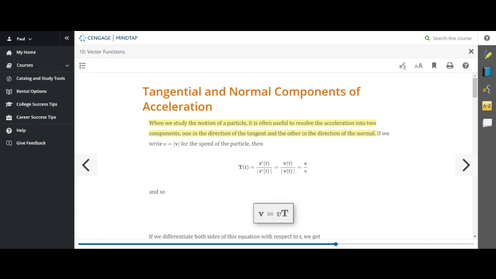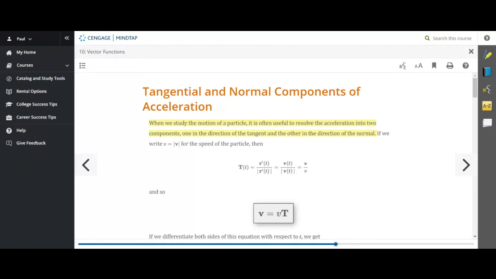Now, if we want to get the acceleration vector, we take the derivative of the velocity vector. That means taking the derivative of the speed function times the unit tangent vector on the right. The speed v is a scalar function of t, and then you have the unit tangent vector, which is a function of t.